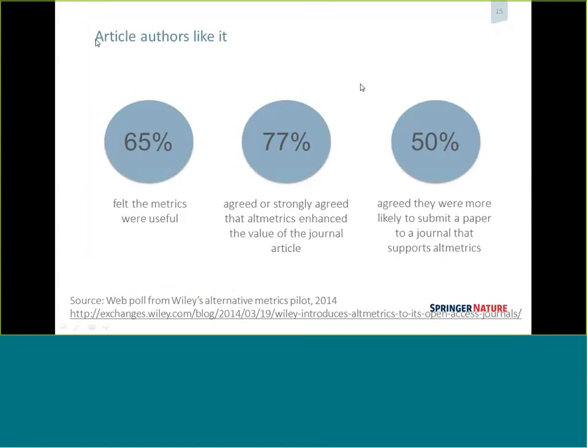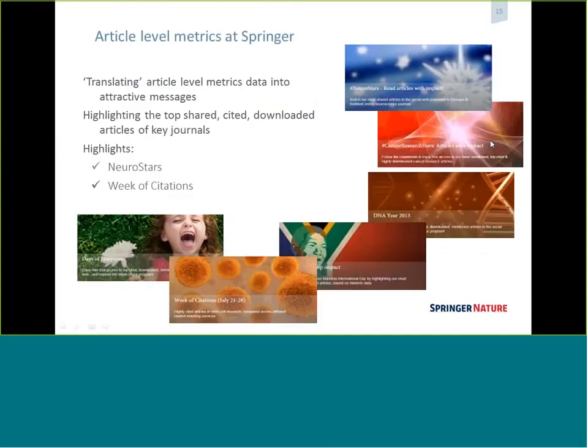If we ask the authors whether they like the Altmetrics, and this is a survey that was done 2 years ago by Wiley, they said that 65% thought that the metrics were useful, and 50% would submit a paper to a journal that supports Altmetrics. So that's all good, and we started to translate these article level metrics into an attractive message.